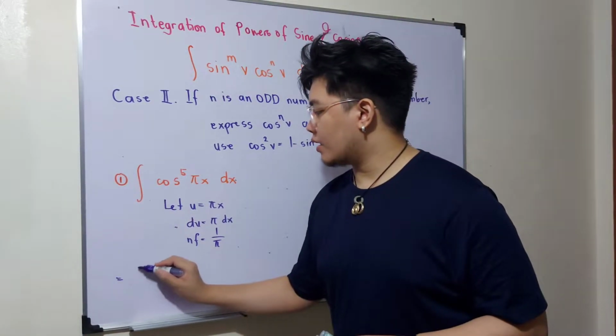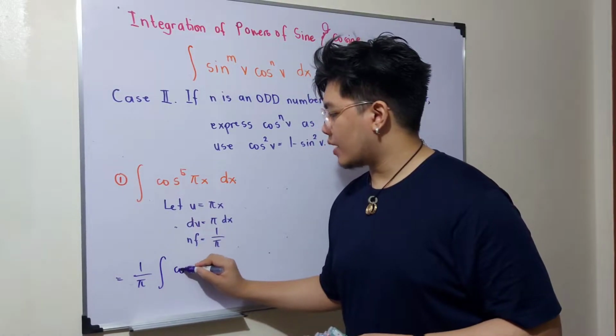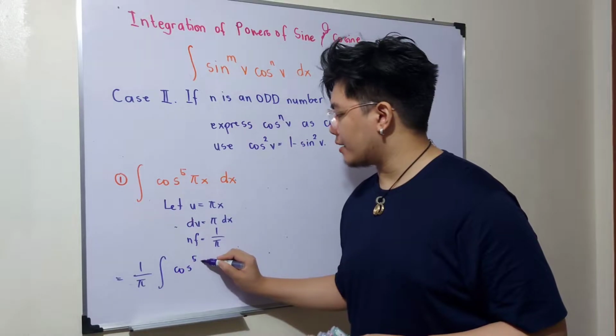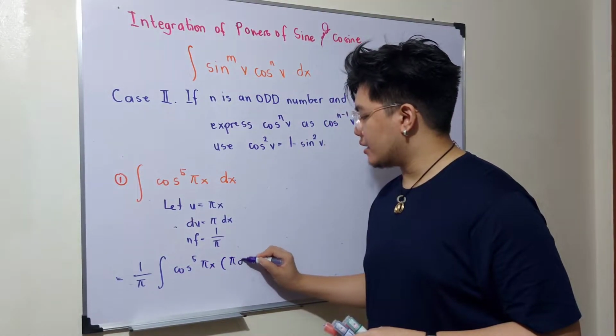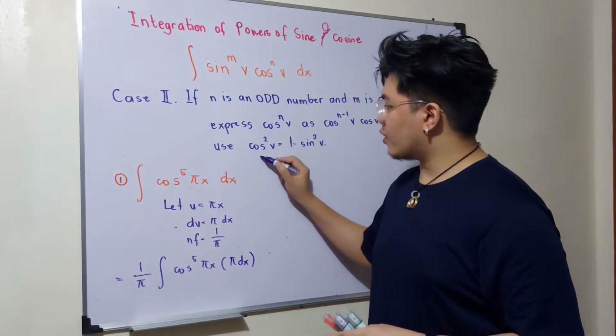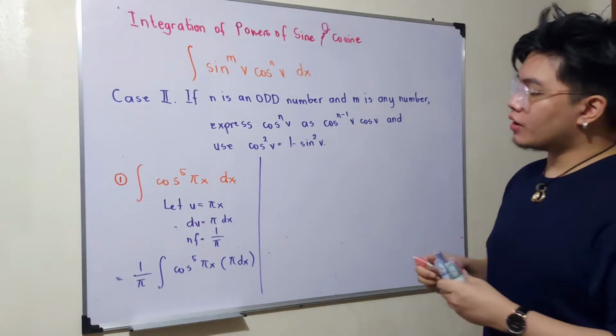So, magiging 1 over pi. Tapos, we have cosine raised to 5 pi x and then pi dx. So we're going to use u substitution para mas madali natin ma-solve.